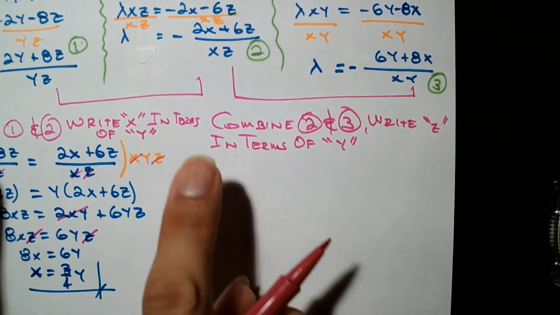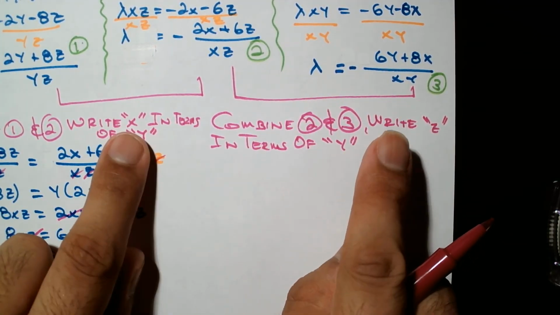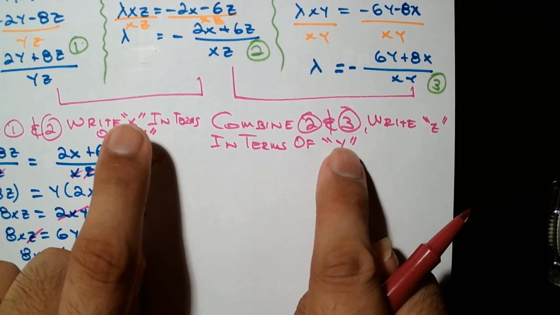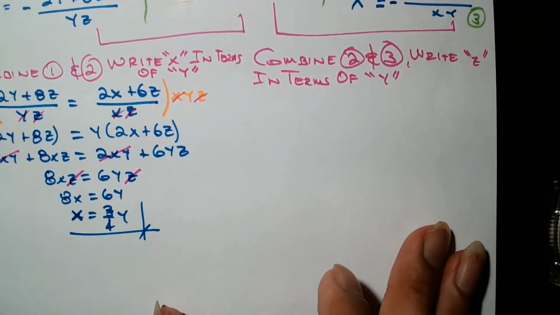Whatever we do in these two combinations, we solve for one letter and the other, but we need to write them in terms of the exact same variable in order for this to work.